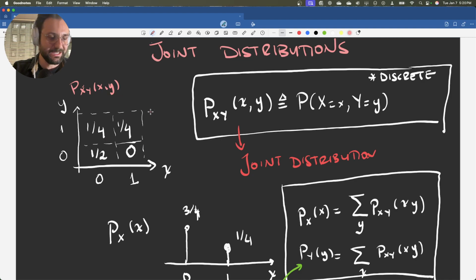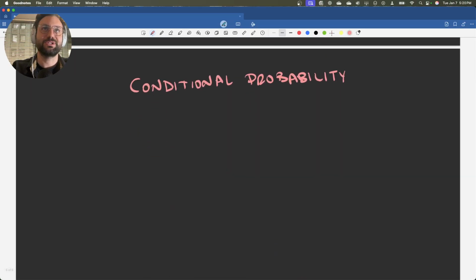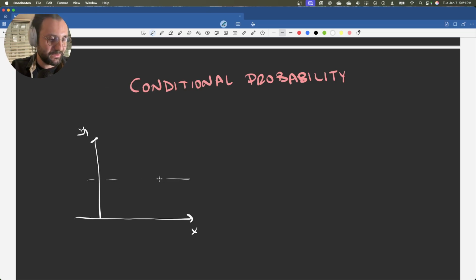And if I tell you that I know for some reason that x is equal to 1, then what is the probability that y is equal to 1? Let me draw this joint distribution here again, because I will talk about it again. So x and y, I have 0 1, 0 1, and this was 1/2, this was 1/4, this is 1/4, and this was 0.